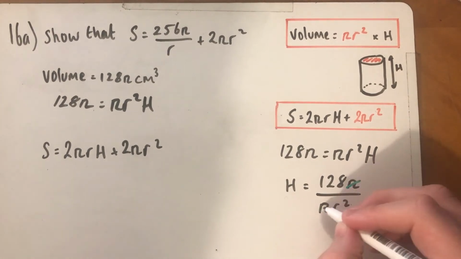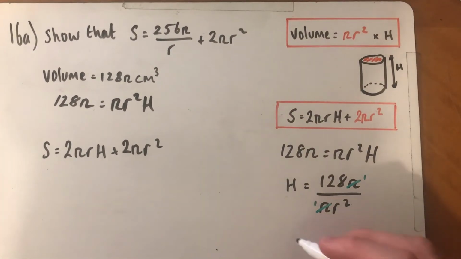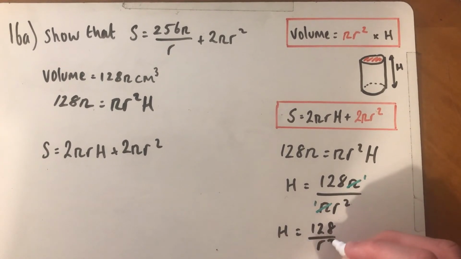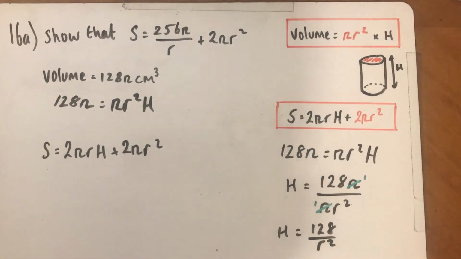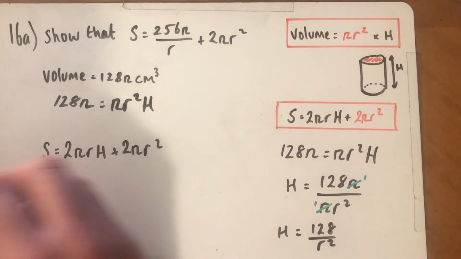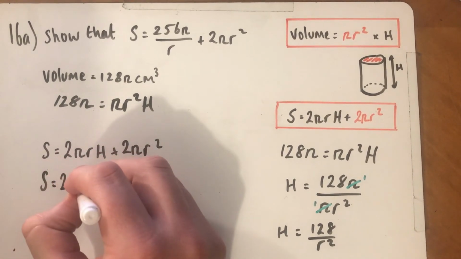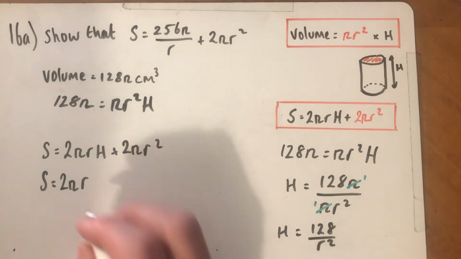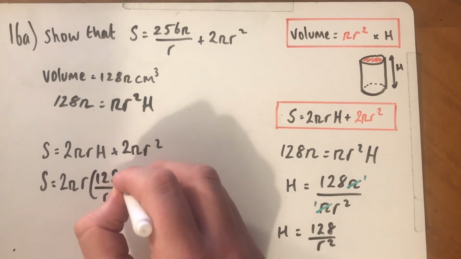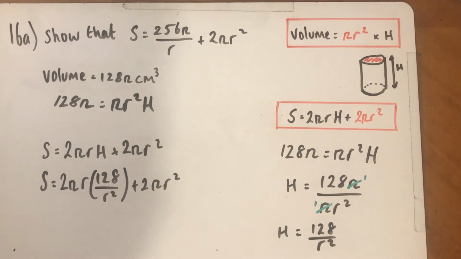Now pi divided by pi is simply 1 over 1, so we know that h is simply equal to 128 over r squared. And now we're just going to substitute that in here. So S, surface area, is equal to 2 pi r, and now we know what h is. h is 128 over r squared, plus 2 pi r squared.